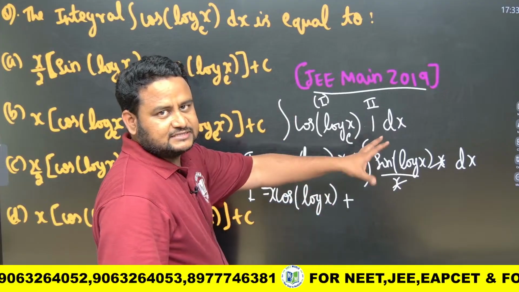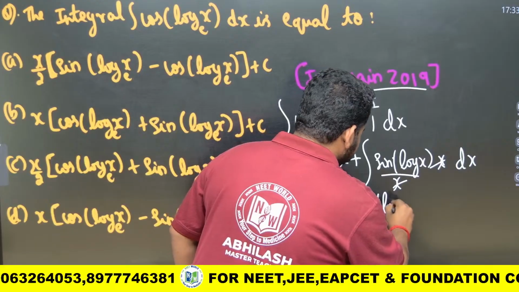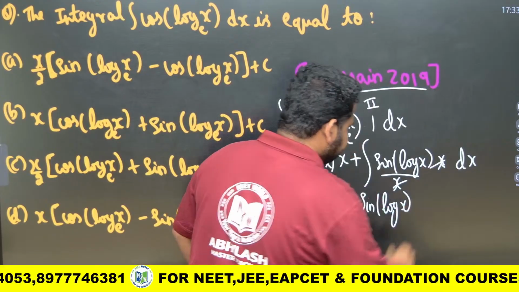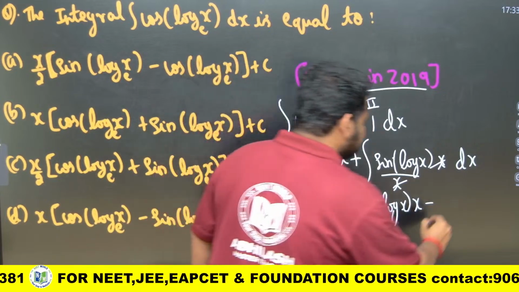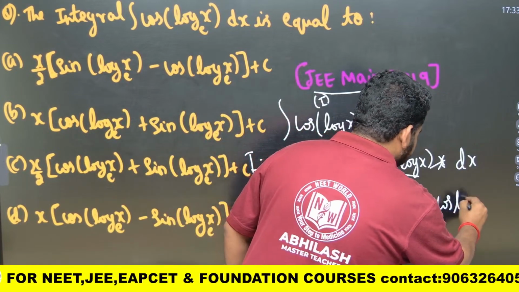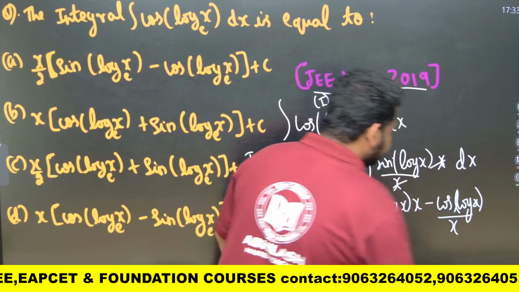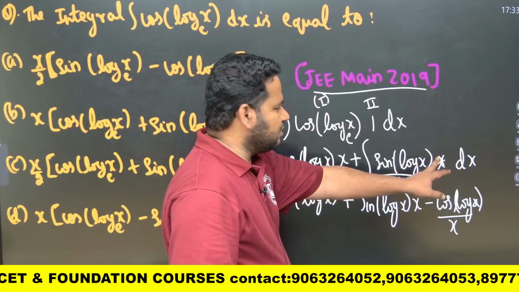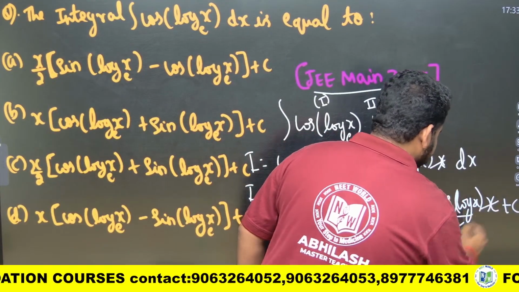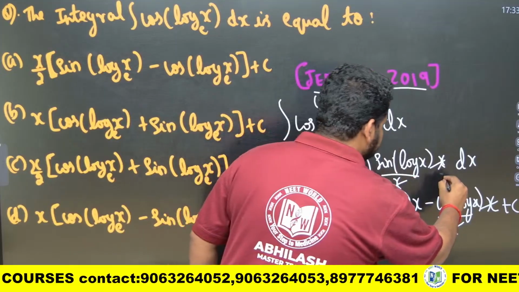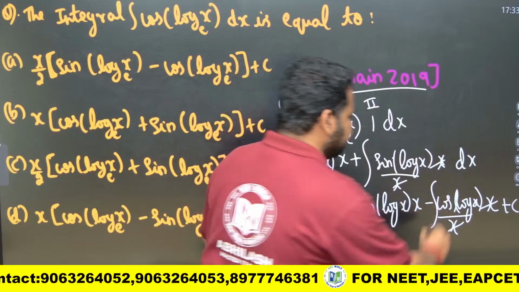I will take sin log x as the first function, so this becomes sin log x into x, minus the integral of x into the derivative of sin log x, which is cos log x into 1 by x. Now the x's cancel, and the remaining integral is nothing but I.